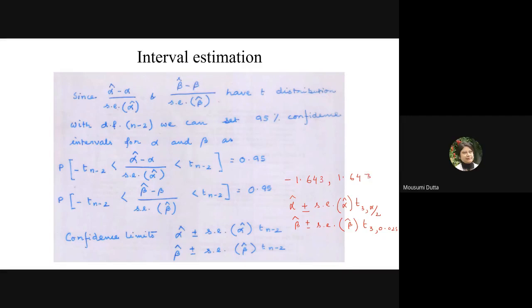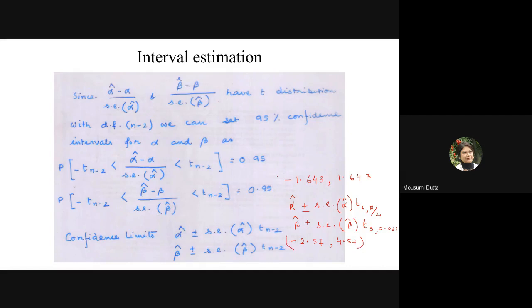Same values came out because alpha is 0. And for beta, minus 2.57 comma 4.57.